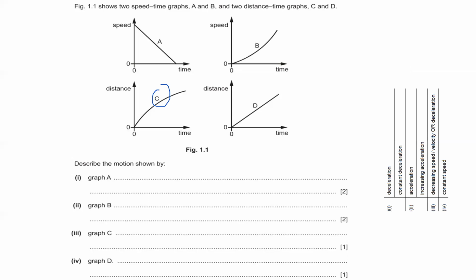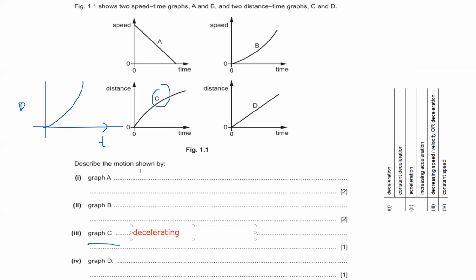That's decelerating. Why decelerating? Because you can see the angle is decreasing. If it was accelerating, then what should the graph be? It should go steeper, like this. This is for accelerating, and C is for decelerating. So here speed is decreasing, or you will mention decelerating.